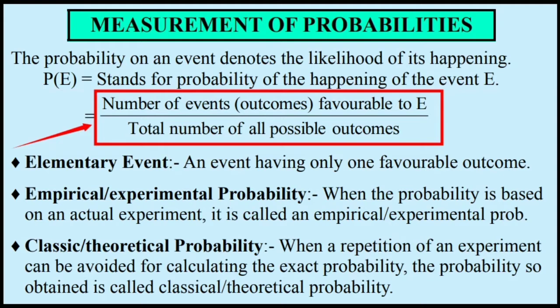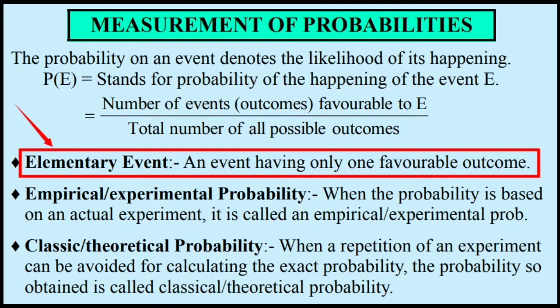Hence, the probability of event E is equal to the number of outcomes favorable to E divided by the total number of all possible outcomes. Next is elementary event. An event having only one favorable outcome is called an elementary event.